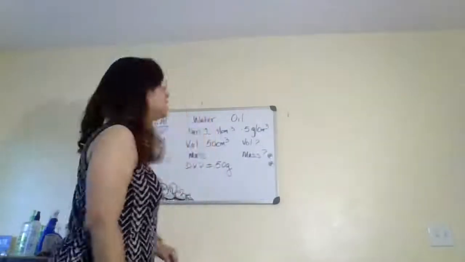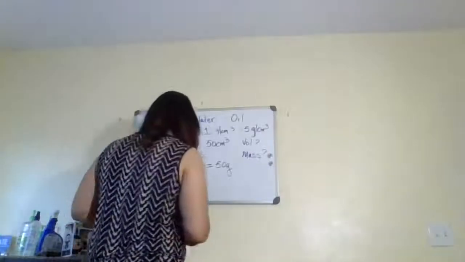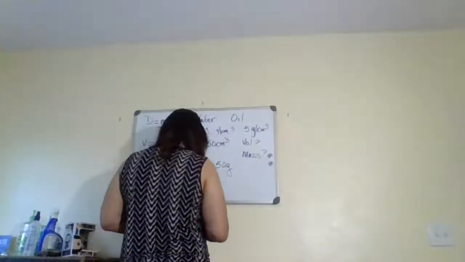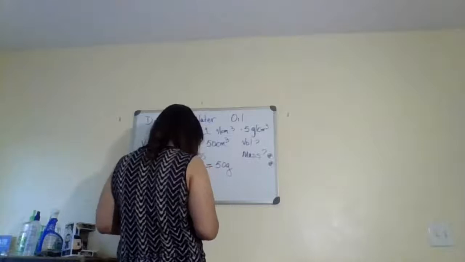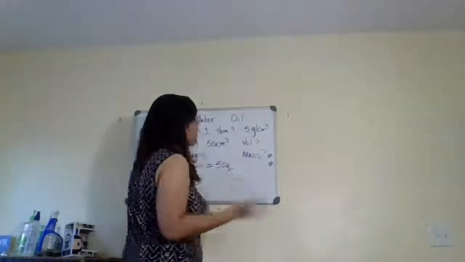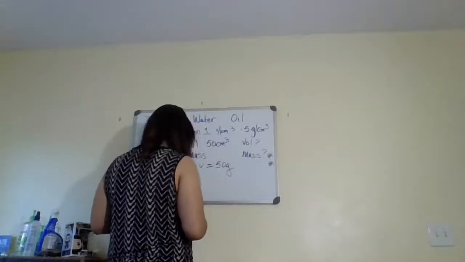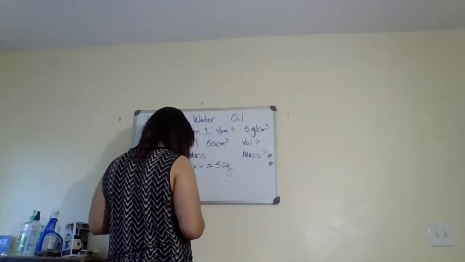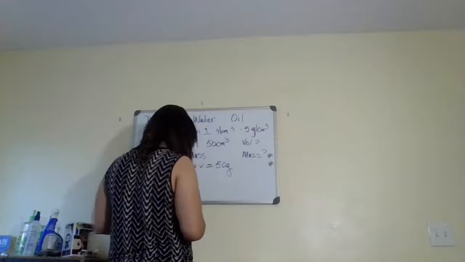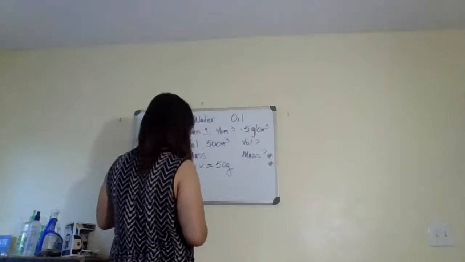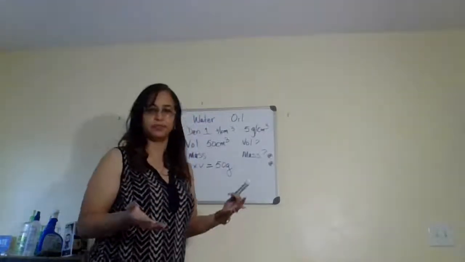Hi, Coral. So the problem reads, the density of water is 1 gram per cubic centimeter, and the density of oil is 0.5 grams per cubic centimeter. What is the volume of oil in cubic centimeters that has the same mass as 50 cubic centimeters of water?